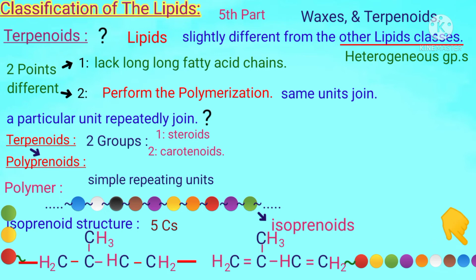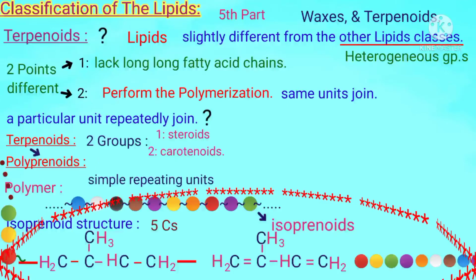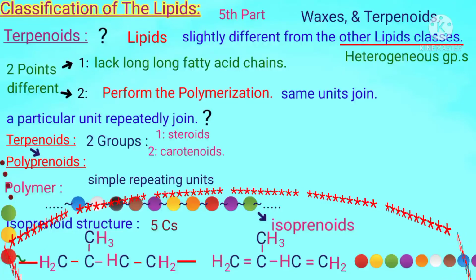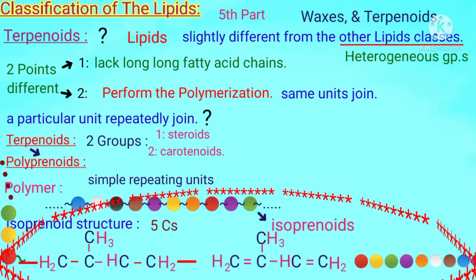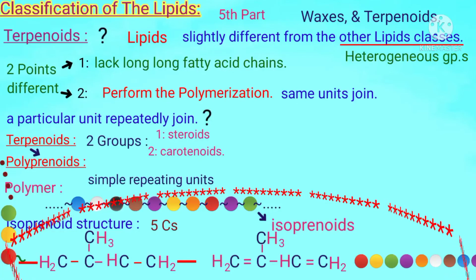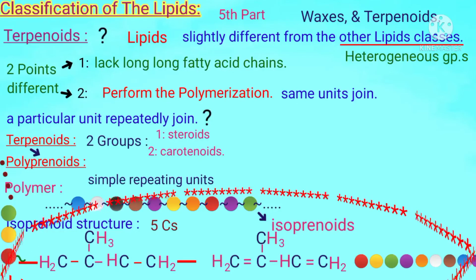Towards this side also, second, third, fourth isoprenoids would be there and attach here and here. So when more than one unit comes and combines, a large and complex structure forms that is generally called a polymer, and that polymer, students, will be called a terpenoid, a polyprenoid.